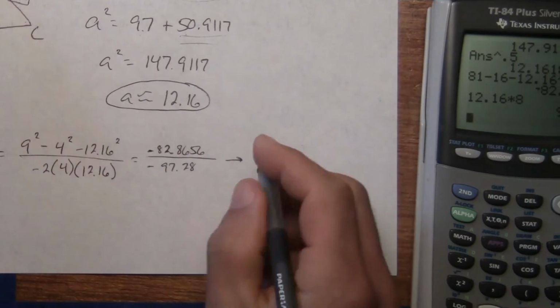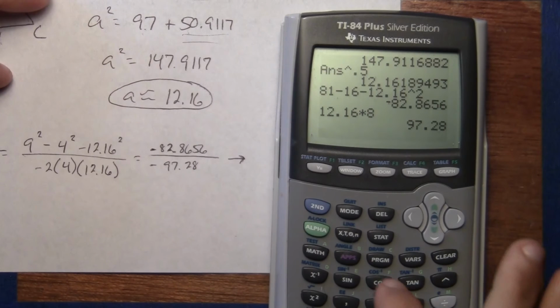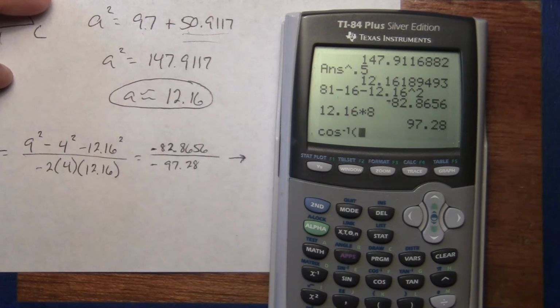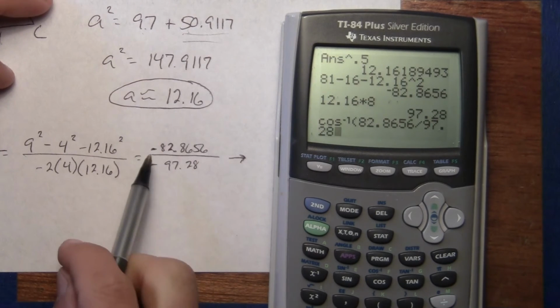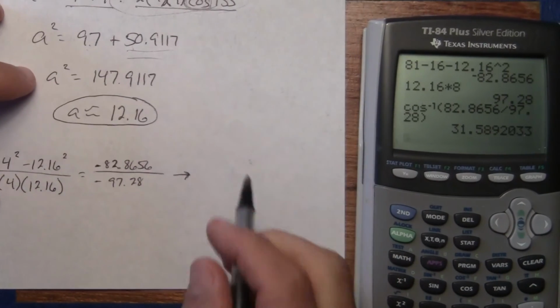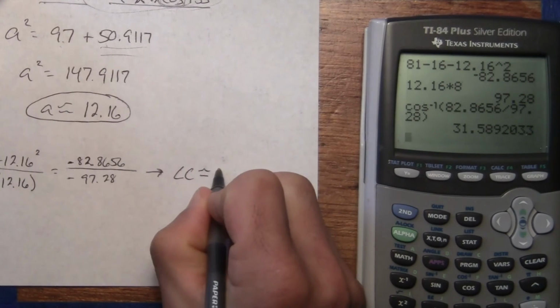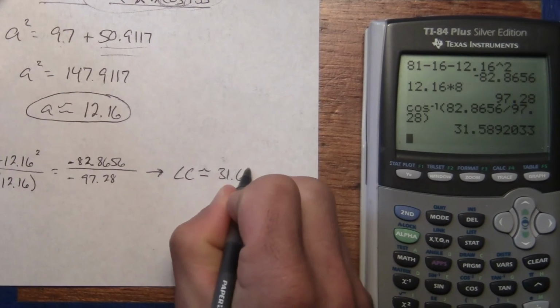And again, your choice if you want to figure that out to one decimal and then type it in, or go ahead and type in cosine inverse of 82.8656 divided by 97.28. I can disregard the negatives because they're both negative. If only one of them is negative, make sure you put the negative on one of them. Hit enter, and it looks like I've got an angle C, which is approximately 31.6 degrees.